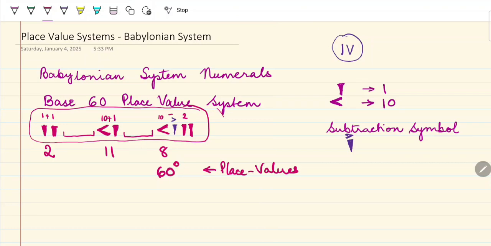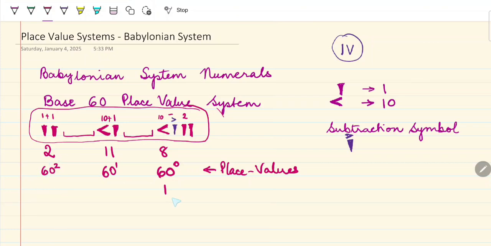So instead of 10, which was used in the decimal system, they used 60 as the base, and 60 raised to the power 0 would have a value of 1, correct? Any value raised to the power 0 ends up being a 1. The next one would have a positional value of 60 raised to the power 1, and then the one to the left would have a place value of 60 squared or 60 raised to the power 2.